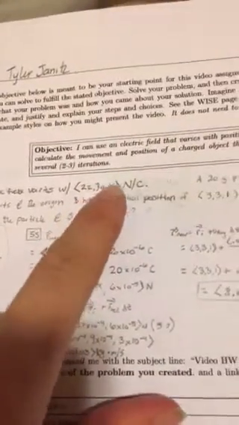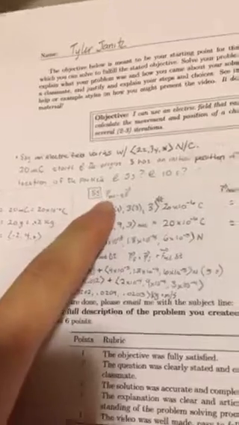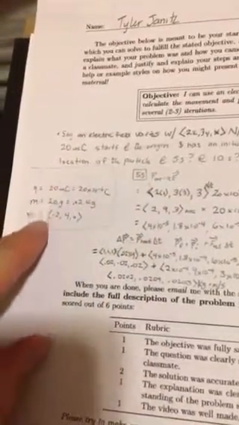So first off, we're going to use our initial position to plug into our electric field here. By the way, these are just my constants that I converted to SI units.